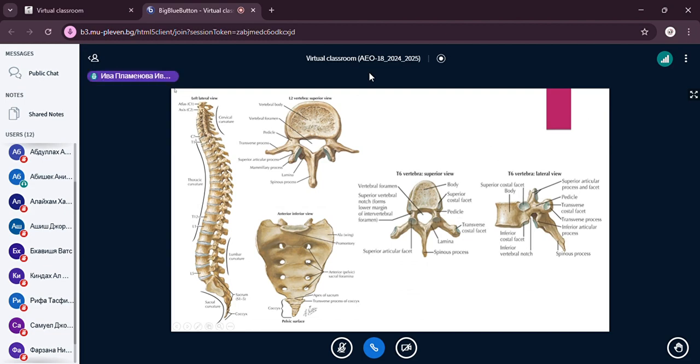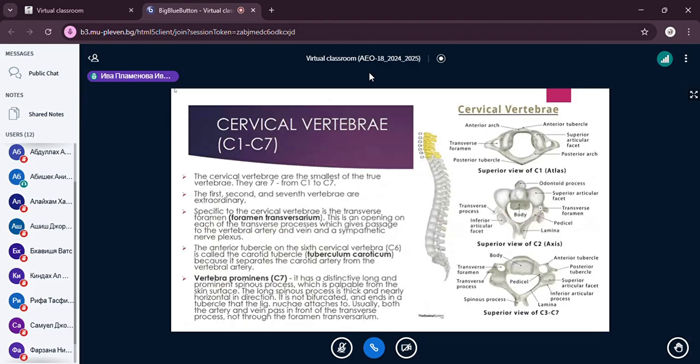Let's start with cervical vertebrae, from C1 to C7. The first, second, and 7th vertebrae are, I can say, extraordinary. But the common feature for the cervical vertebrae is the transverse foramen, which is located on the transverse processes.